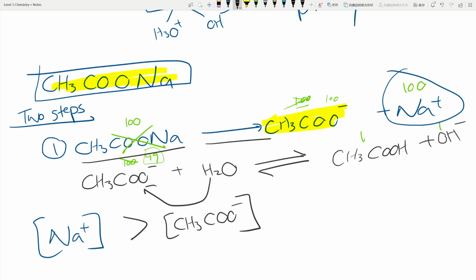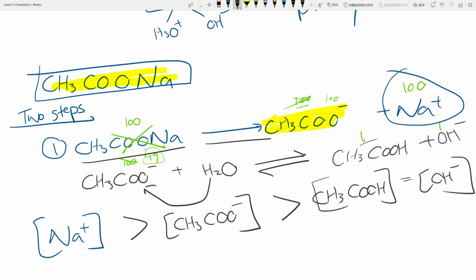So you're going to lose a couple of these, and then they will turn into CH3COOH and OH minus. These two concentrations are going to be the same. And why is that? Because it's a 1-to-1 mole ratio. And don't forget, you always have your H3O plus.